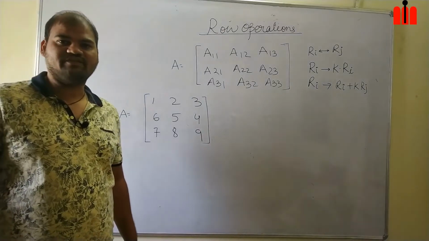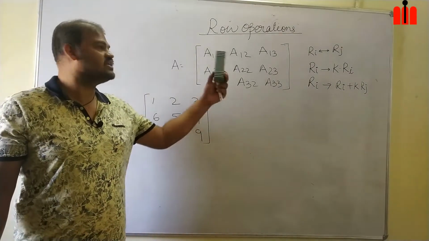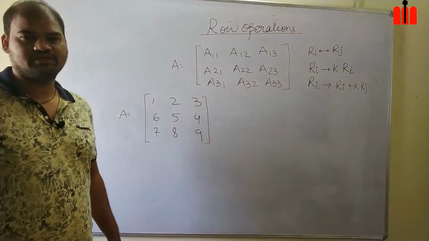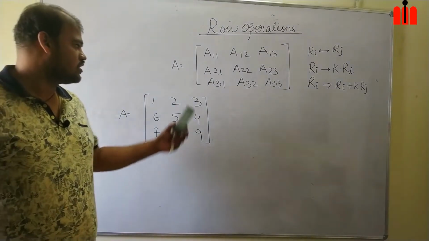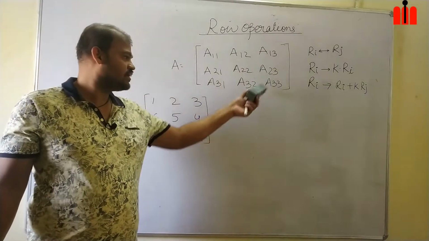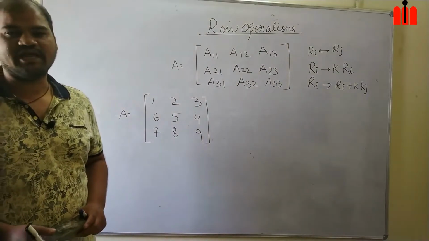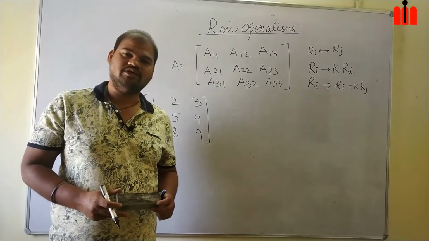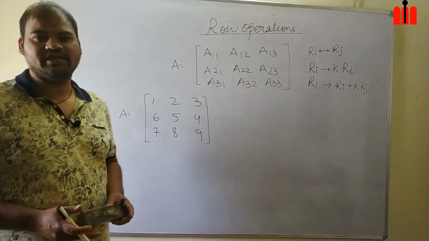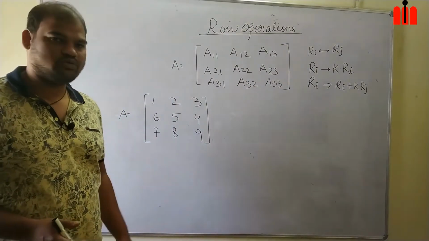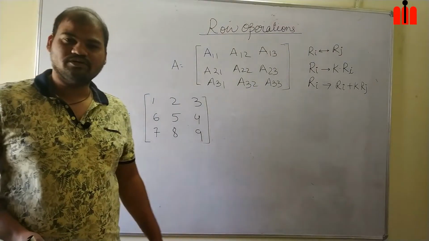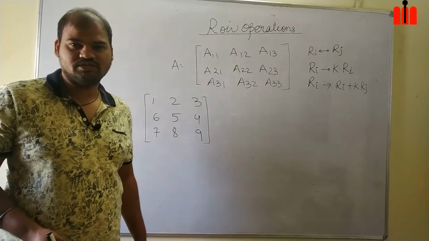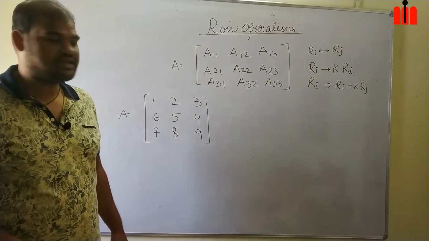Let's start with our next section, which is row operations. A matrix is represented like this, its elements are a11, a12, a13, a21, a22, a23 and a31, a32, a33. This is the known story. Now, what are the rows in this matrix?